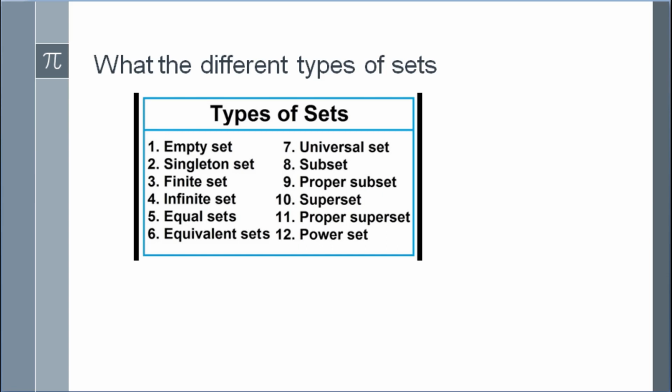So if you ask for the number of vowels in the English alphabet, the set's cardinal number will be 5, as it contains only 5 elements. So this is our cardinal number. With this cardinal number, we can explain the types of sets very easily. So you have to nurture the concept of cardinal number in an easy way.